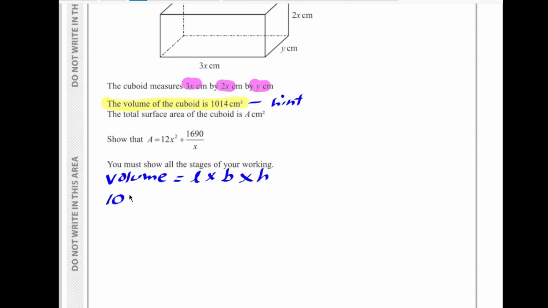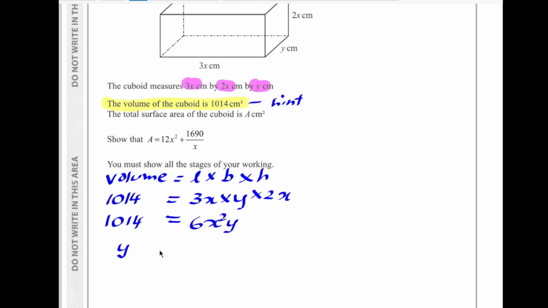We'll substitute here. 1014 is equal to length, which is 3x, breadth, which is y, height, 2x. So 1014 equals 3 into 2, 6, x squared, y.